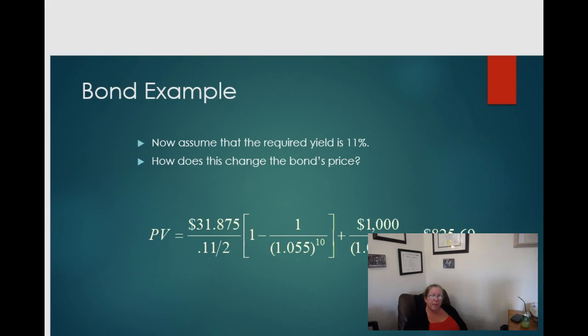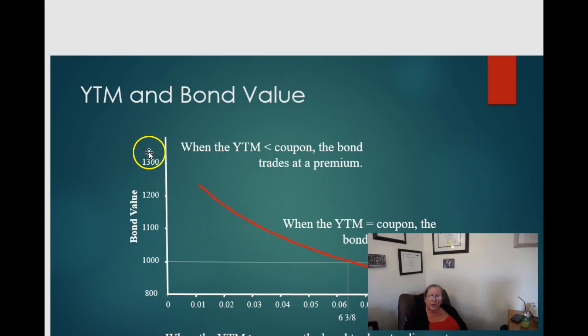Okay? And so you can see this on a graph here. We have the bond value on the vertical axis, and then we have the interest rates on the horizontal axis. And we've mapped out the par value here, and then the interest rate. So when the yield to market is less than the coupon, the bond is going to trade at a premium.